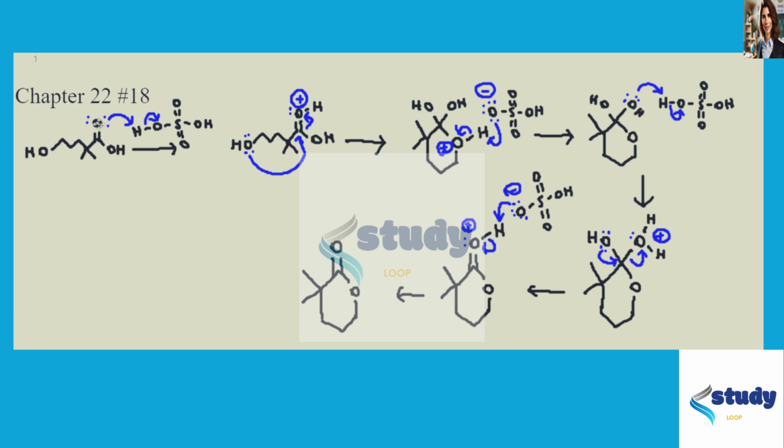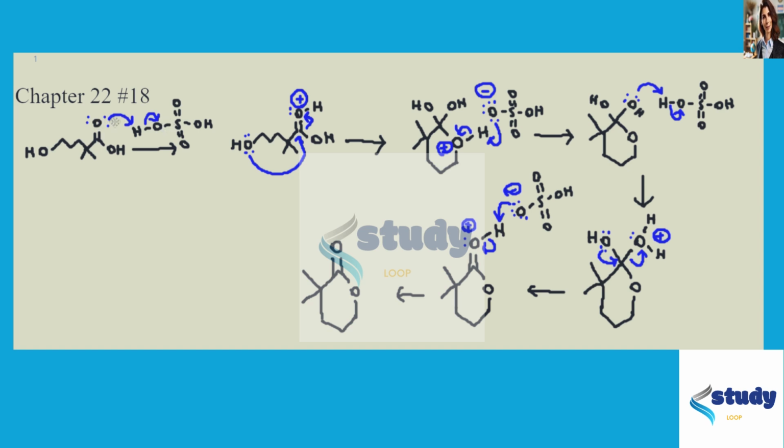That's essentially the mechanism for every one of the key reactions that we're looking at in this chapter. As I always like to do, I've drawn lone pairs of electrons, charges, and movement of electrons in blue, and everything else in black.